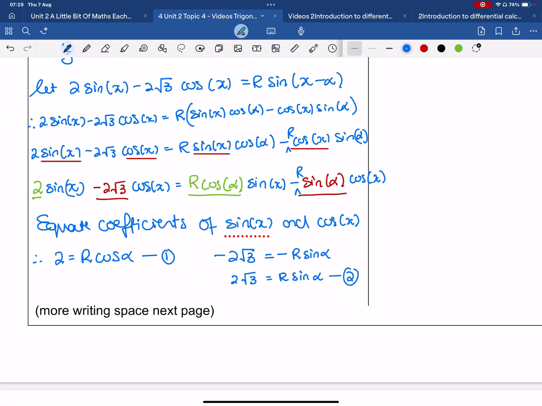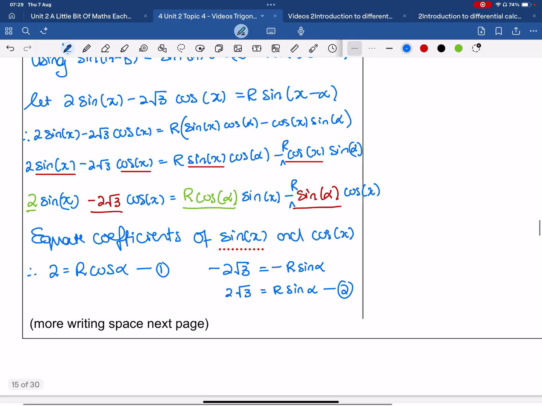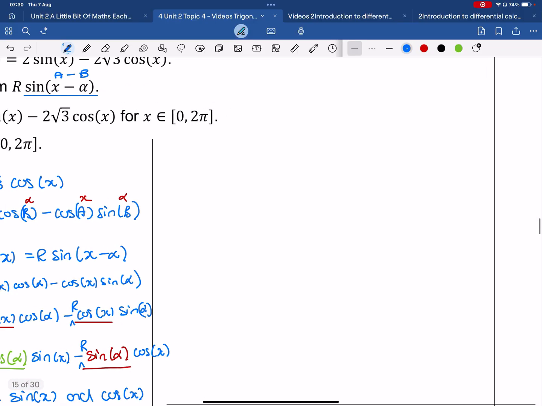Now, these are looking a little bit more like things we recognize. So how about if we divide the one by the other, we could get rid of our r and then we can just solve for alpha. So 2 root 3 over 2 is r sine of alpha over r cos of alpha.